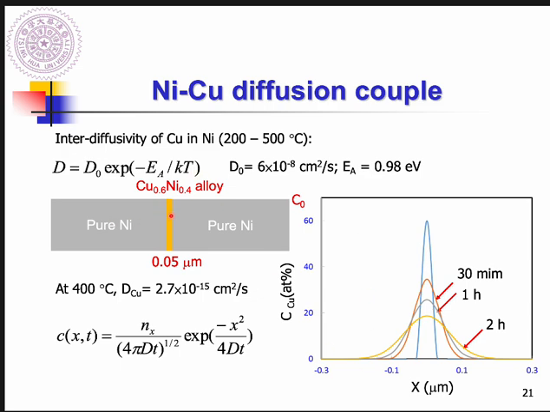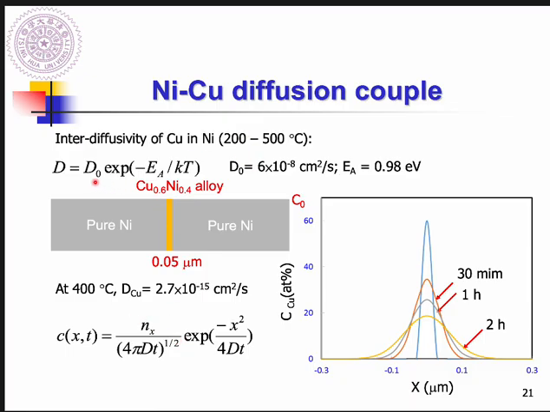We have the copper nickel alloy in between pure nickels, and when the diffusion happens, we know that this belongs to the one-dimensional diffusion case because the concentration profile mainly changes along the x-axis. So I can write the corresponding solution down as 1 divided by 2, and nx is the diffusion strength.